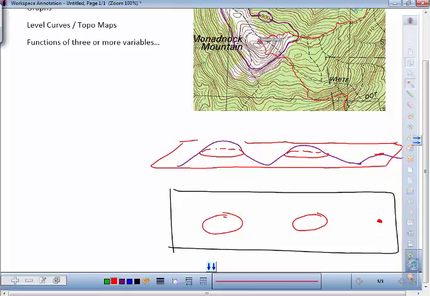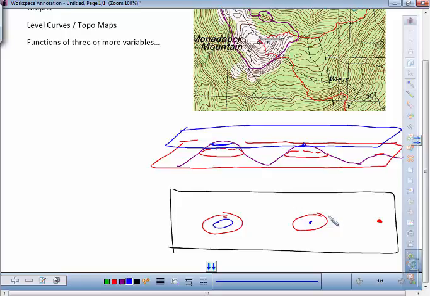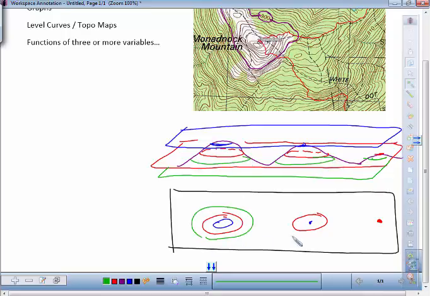And then if we cut this at a different height, maybe slightly higher, this is maybe what we'll see. And then slightly lower, we'll see something else. But whenever you get these closed curves, then we know that there's going to be a peak or a valley somewhere. It's going to be a high point and a low point. Okay?